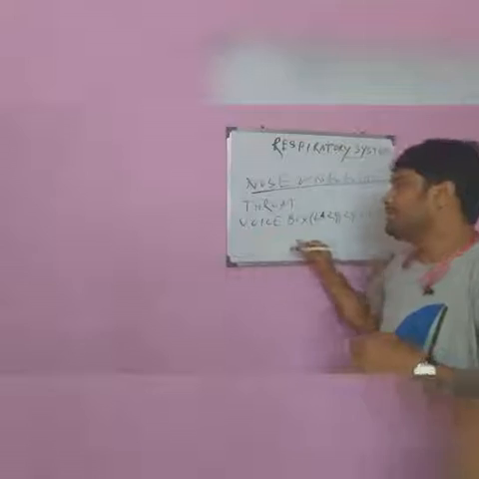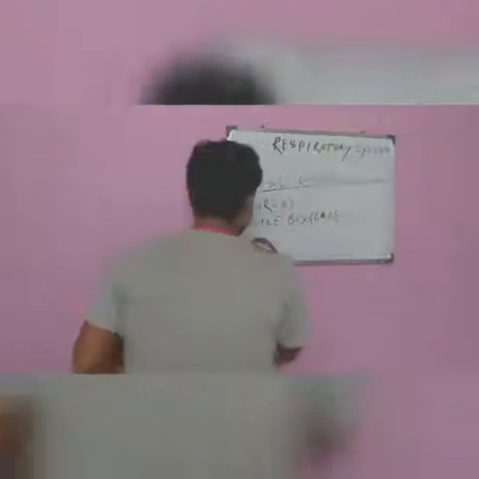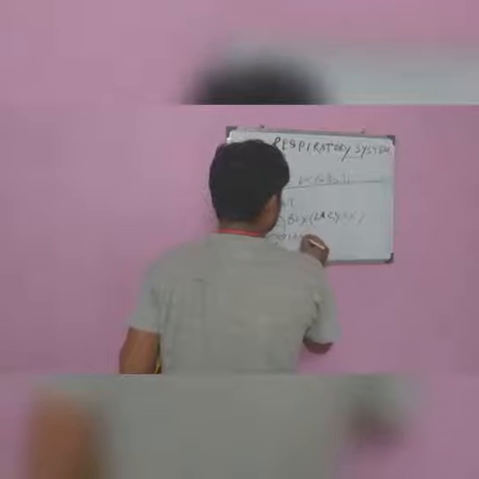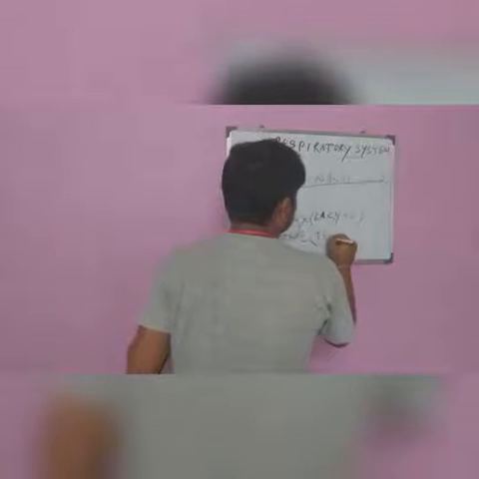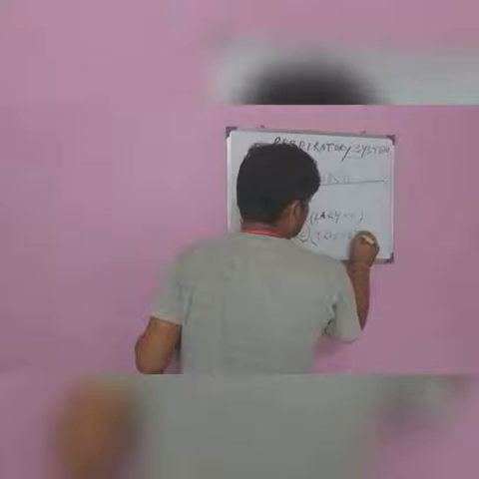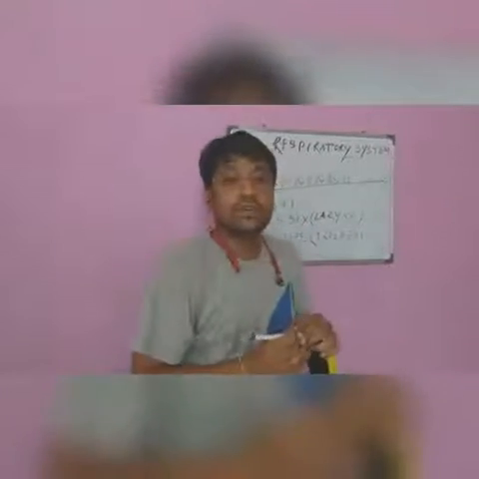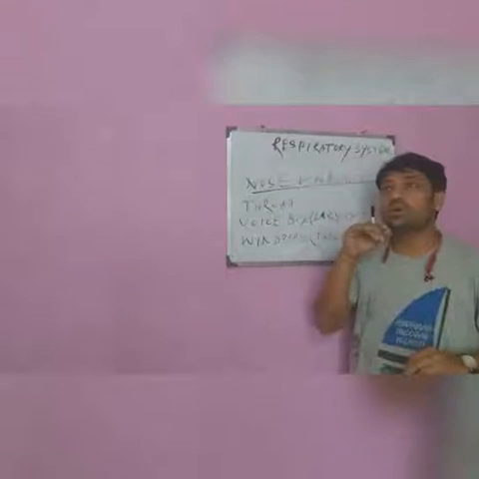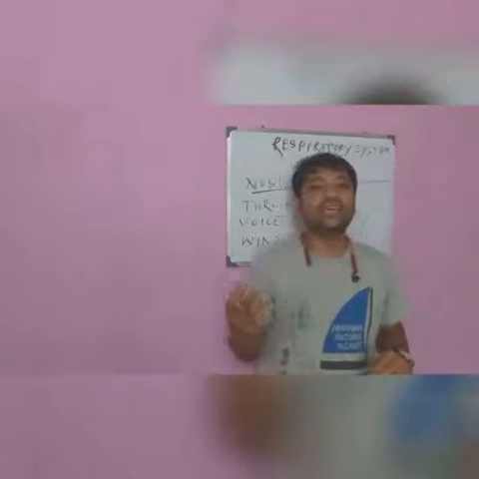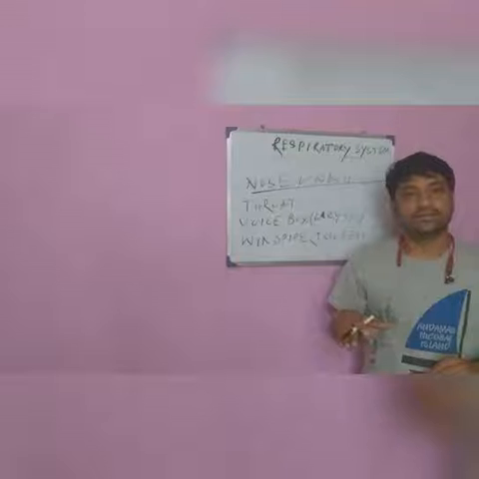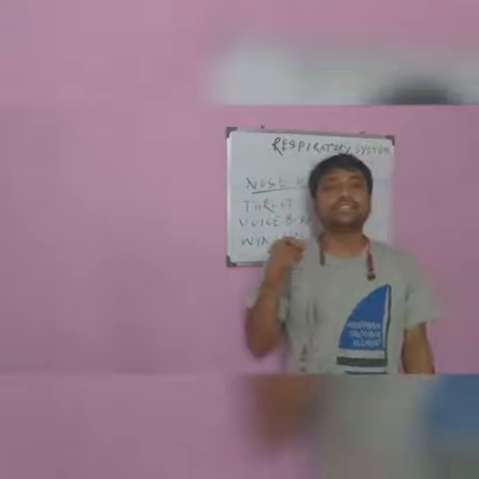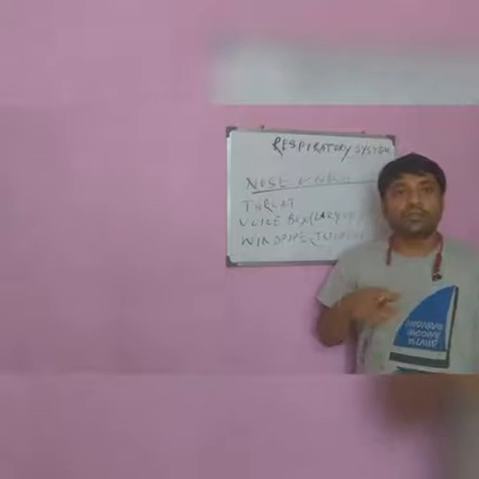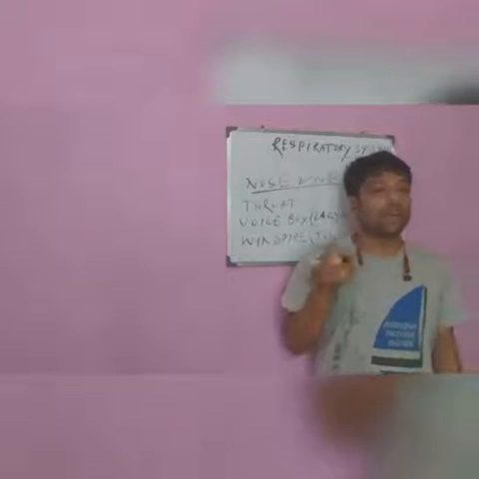So look students, next one I will discuss with you, windpipe, I mean trachea. The trachea, colloquially called the windpipe, is a cartilaginous tube that connects the larynx to the bronchi of the lungs, allowing the passage of air.